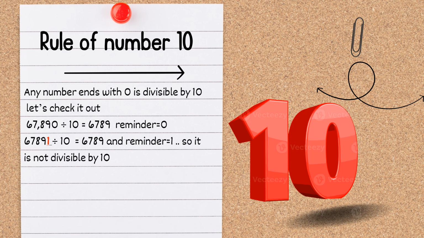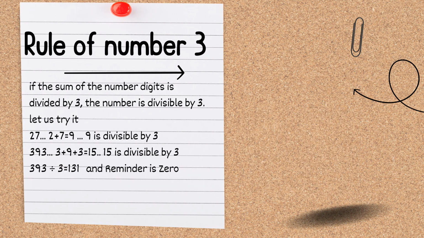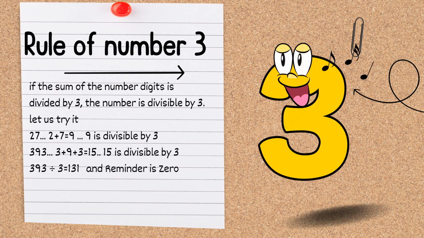Okay, let's move on to number 3. What does the rule of number 3 tell us? It tells us that if the sum of the number's digits is divisible by 3, the number is divisible by 3. What do you mean? Let us try and see.